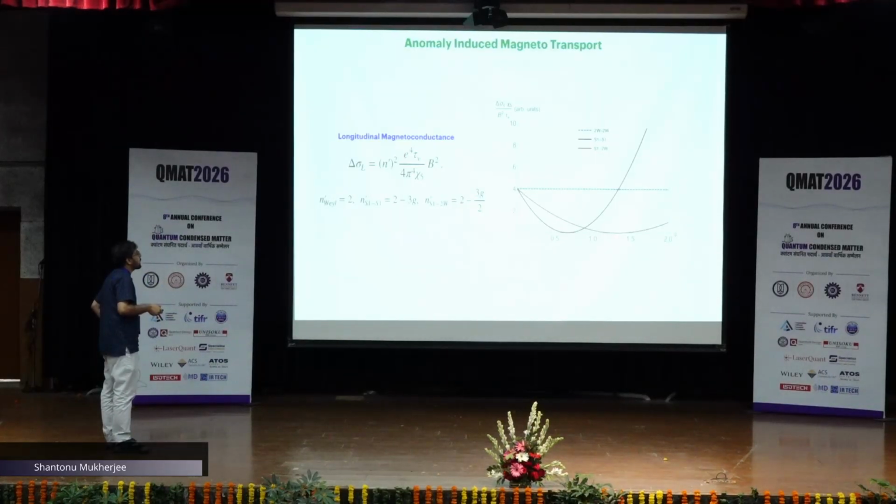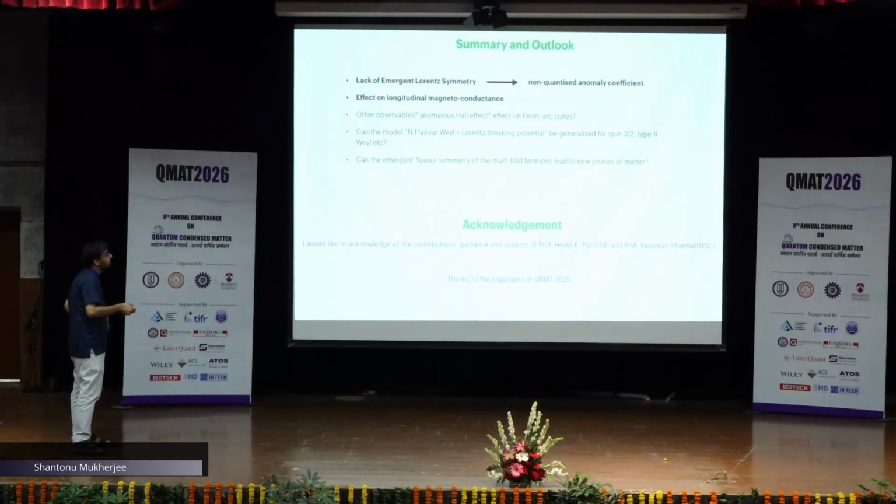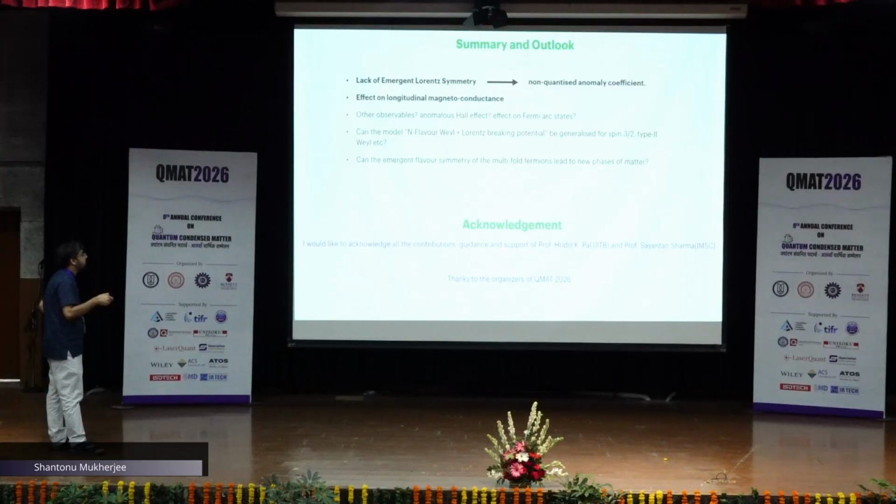Now this g dependence can be captured by calculating the longitudinal magnetoresistance, and here, while it is 2 for the 2-flavor Weyl, it deviates from 2 by some g dependent factor in both cases, and that is captured here. So finally we can say that the emergent Lorentz symmetry may lead to a non-quantized anomaly coefficient, and it will have effects on longitudinal magnetoresistance.